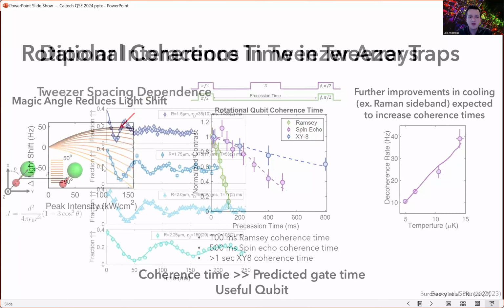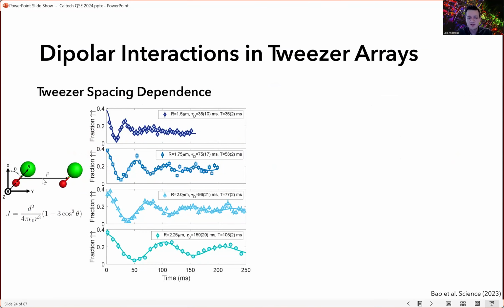With this, we can bring two of these molecules close to one another, and we can then observe dipolar interactions between the neighboring molecules. What you see here is spin exchange due to the dipole-dipole interactions between these neighboring molecules as a function of distance. What you might also notice is that while there is this interaction, it also dephases much quicker when the molecules are close together than when they're further apart.